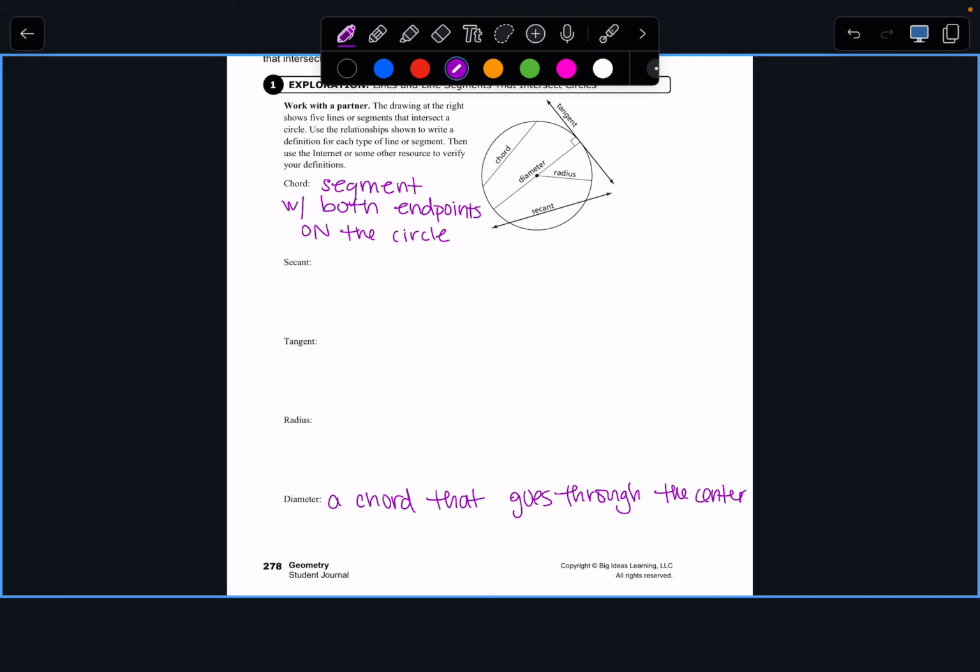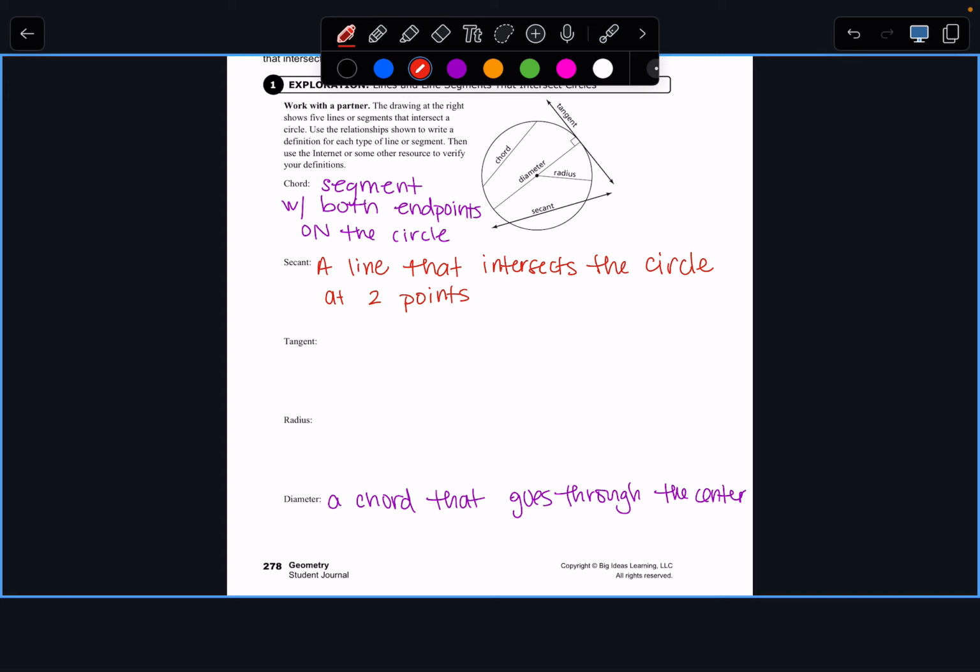Wait, so could a secant be a diameter? Okay, a secant is a line that intersects the circle at 2 points.